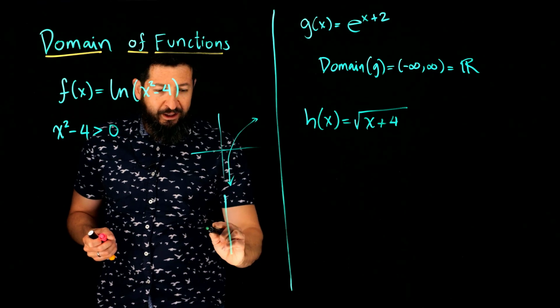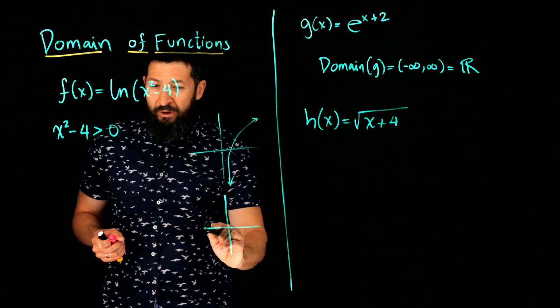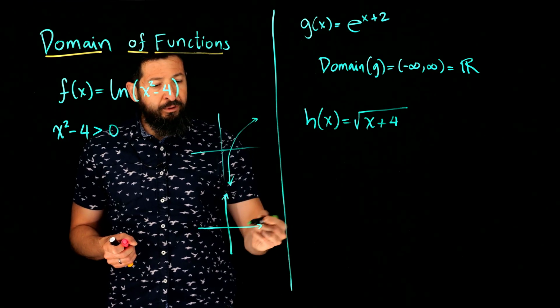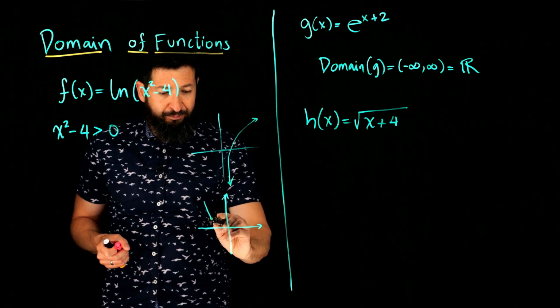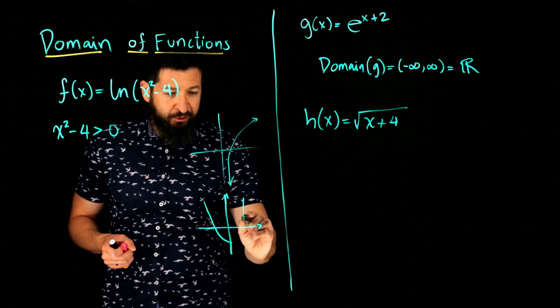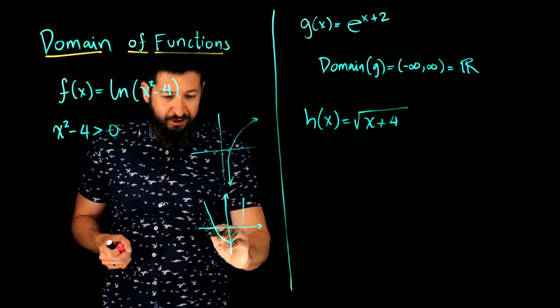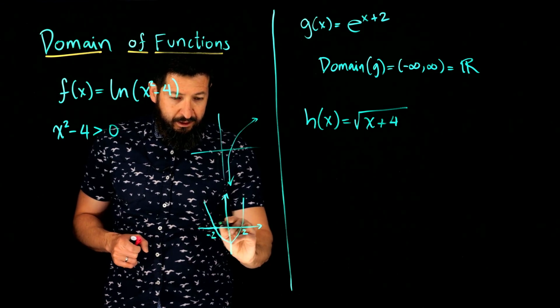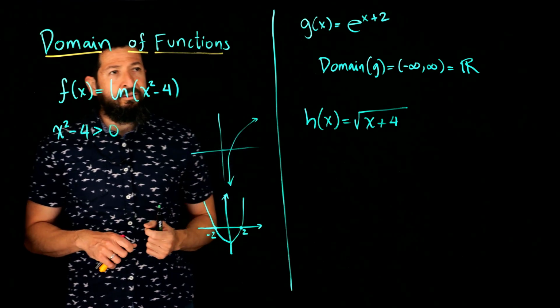So the graph of y equals x squared minus 4, we do it in the same way we did before, and it has two intercepts. Oh, I didn't talk about intercepts yet, but I'm sure you talked about it a lot in college algebra or pre-calculus. But in this case, they're going to be negative 2 and positive 2.